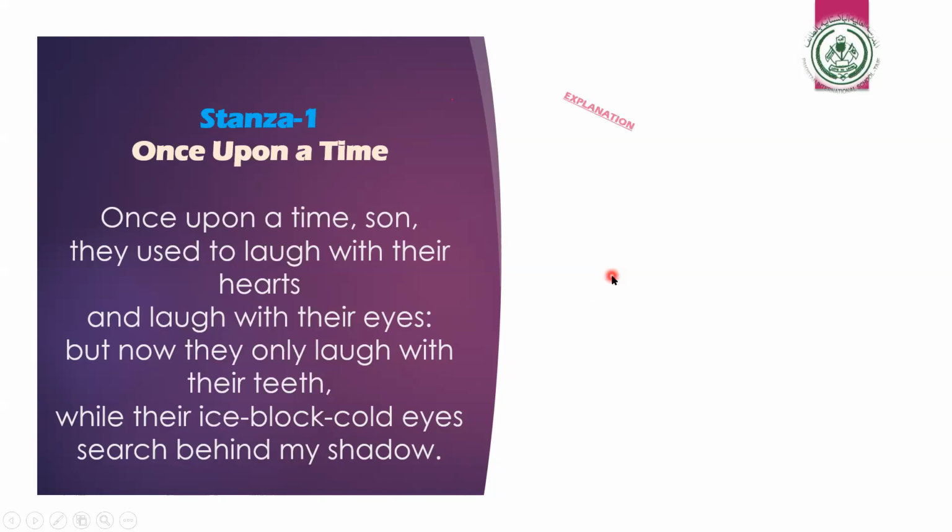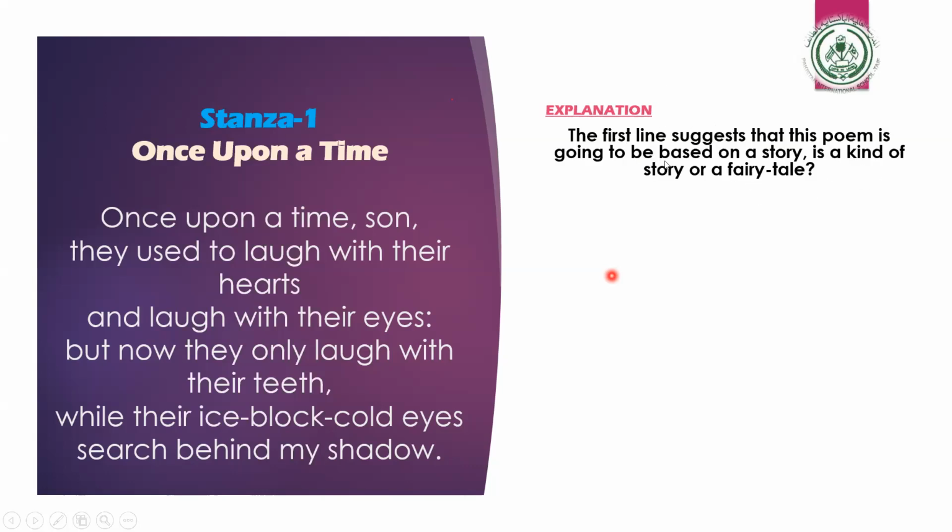So what's the explanation over here, dear students, about the stanza number one? The first line suggests that this poem is going to be based on a story, a kind of story or a fairy tale.